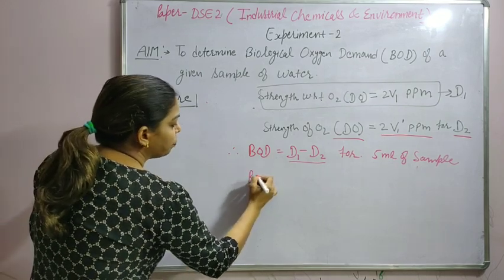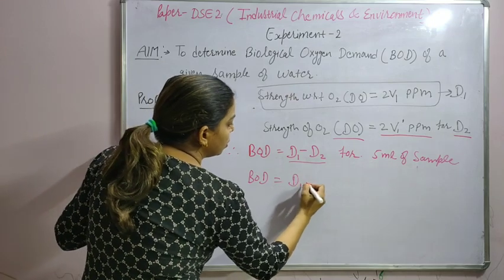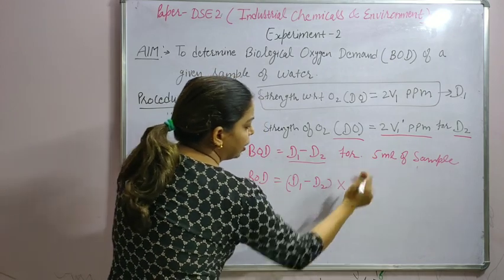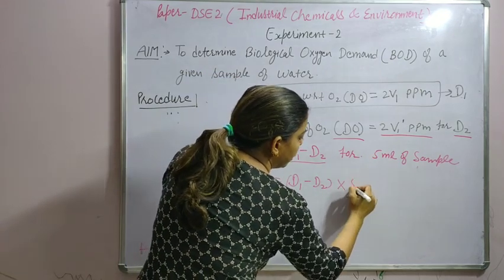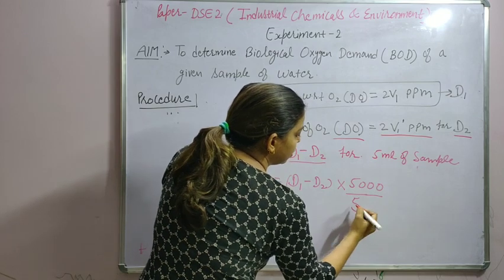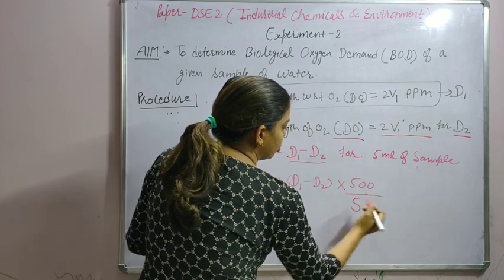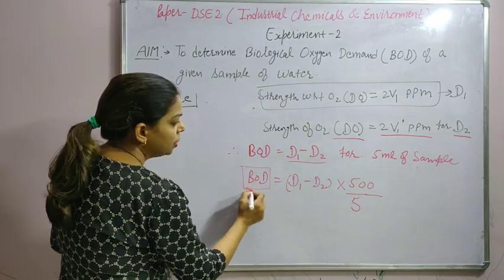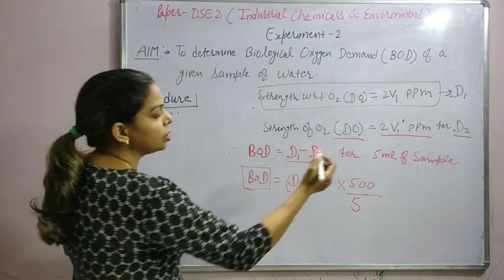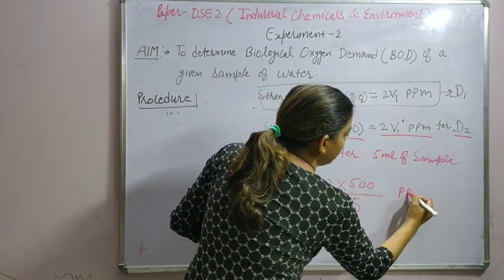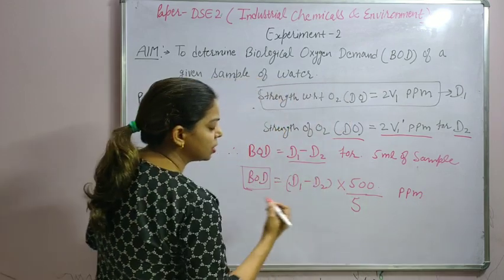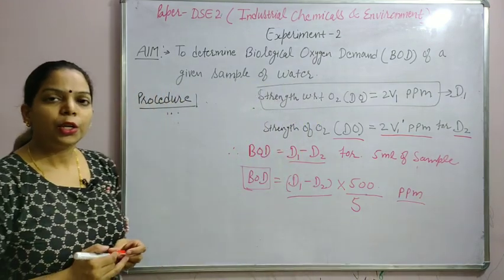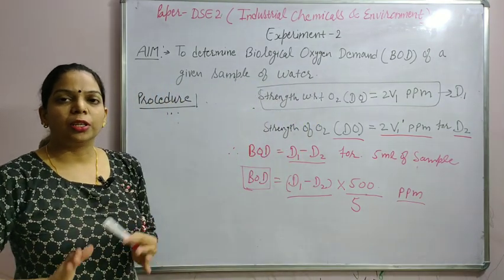So BOD for 500 ml will be divided by 5 and multiplied by 100. This will be the amount of biological oxygen demand, and this term was in ppm. We can write ppm here because volume and volume will be cancelled out. Units for D1 and D2 will be ppm. This way you can calculate biological oxygen demand for any sample.